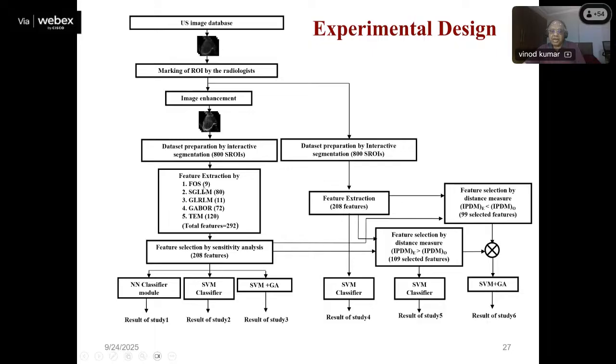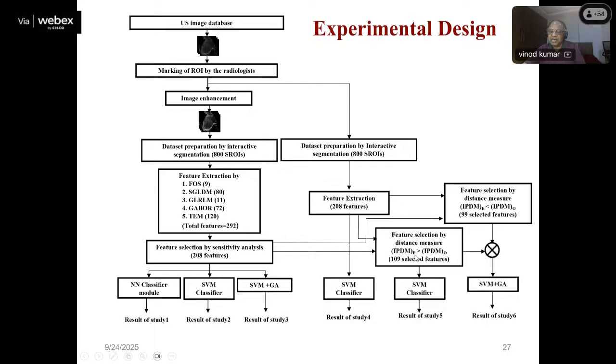If a particular feature in the enhanced image is less than in the original image, those features were selected. Features which were less in the enhanced image as compared to the original image were selected. Like that, 99 features were selected.